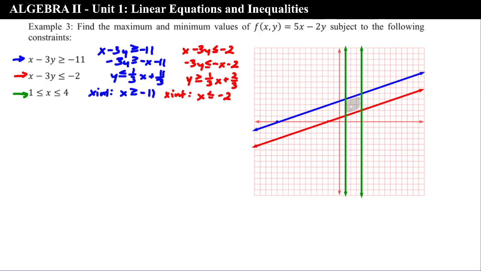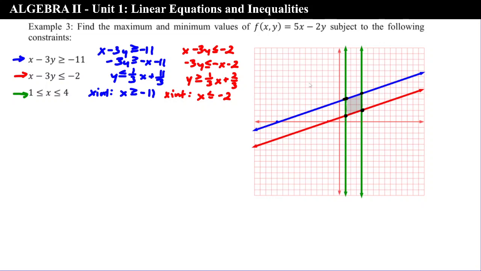Okay, so now that we have our shaded region, we can graph our corner points. Our corner points are 4 of them: 1 here, 1 here, 1 here, and 1 here.